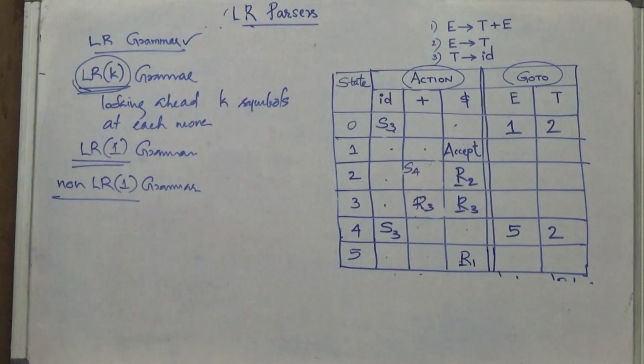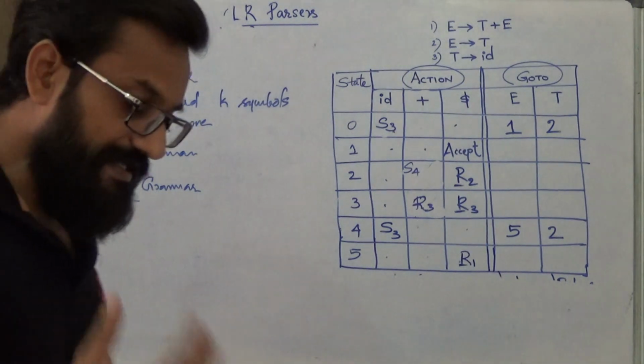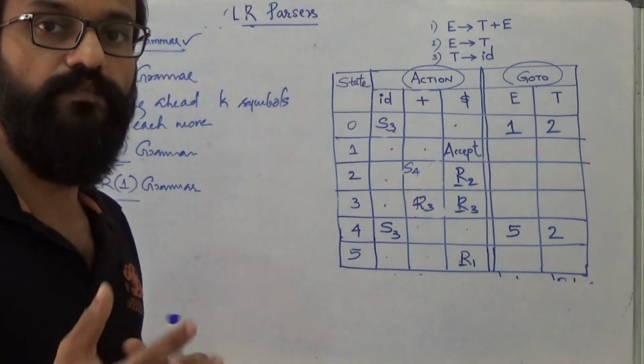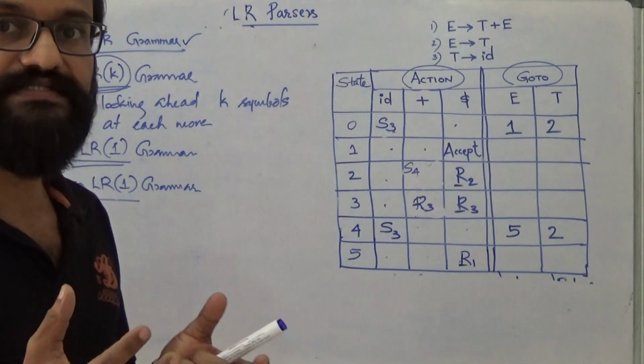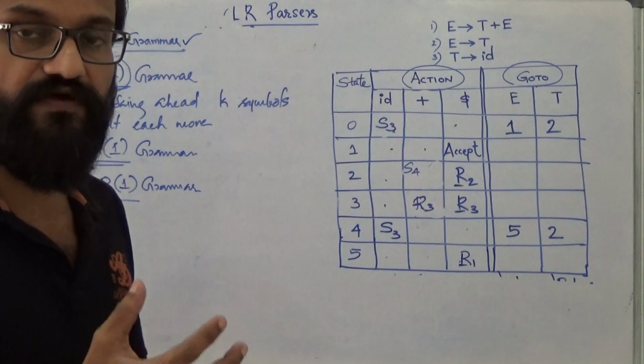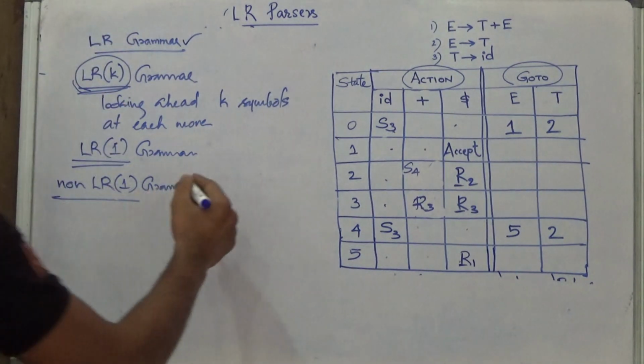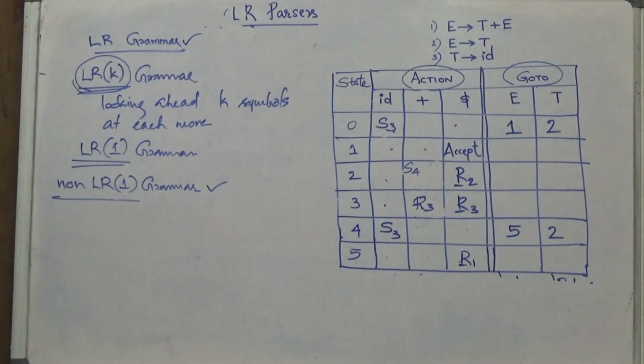That is, if we construct any LR parser for this particular grammar, then at some point the parser will reach a configuration from where it cannot proceed further. So such grammars are said to be non-LR1 grammars.